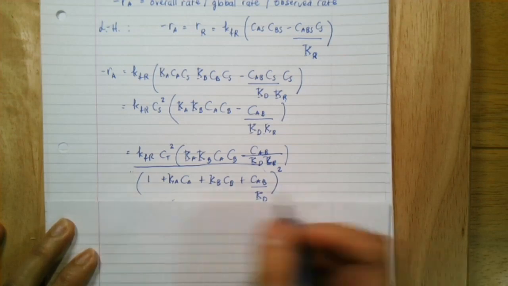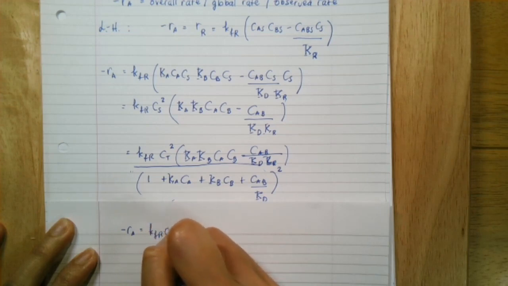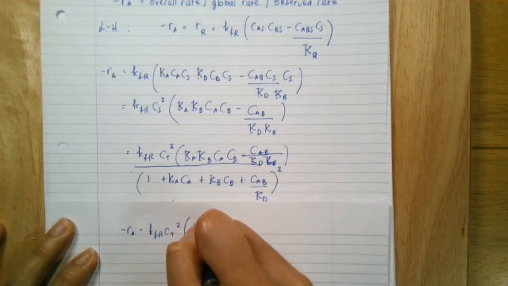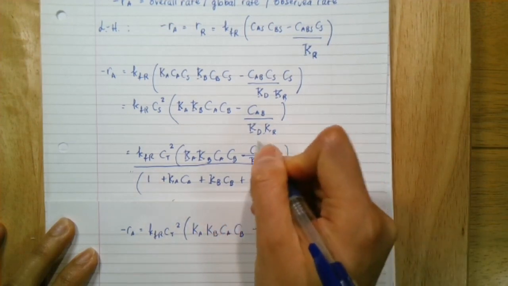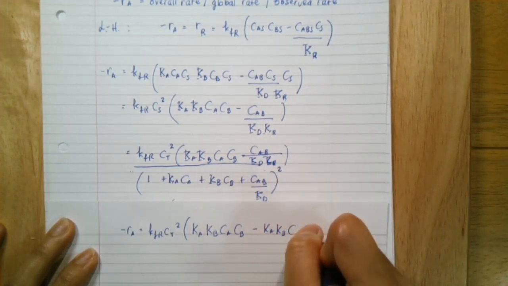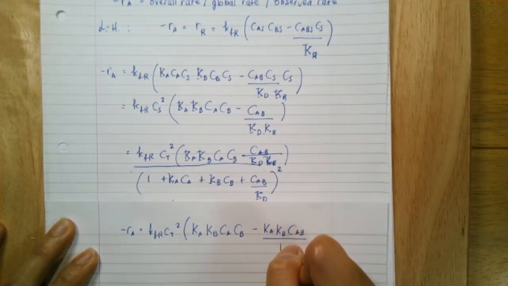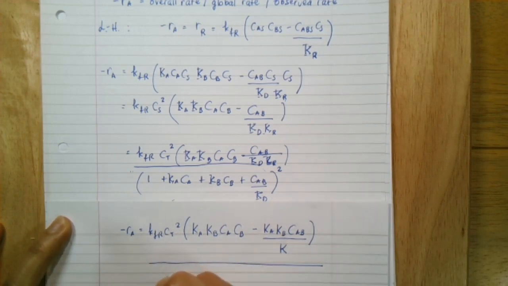So we will have negative Ra equal to KFR Ct squared multiplied by Ka Kb Ca Cb minus, so I will replace this term with Ka Kb Cab all over K, divided by 1 plus Ka Ca plus Kb Cb plus Cab Kd, squared.